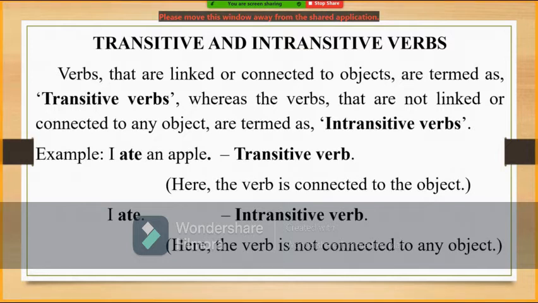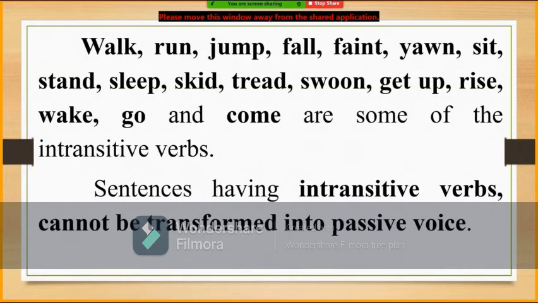In English, there is a set of verbs that cannot be transitive verbs at any cost. They cannot become transitive verbs because they will never get connected to any object. So let us see those intransitive verbs. I have given only a small number of intransitive verbs. If you search on Google, you can find more than 50 intransitive verbs. Let us see. Walk. Can you say, what did you walk or whom did you walk?